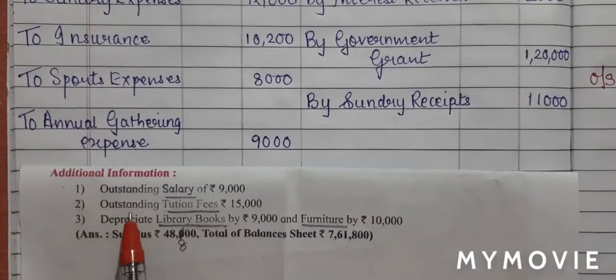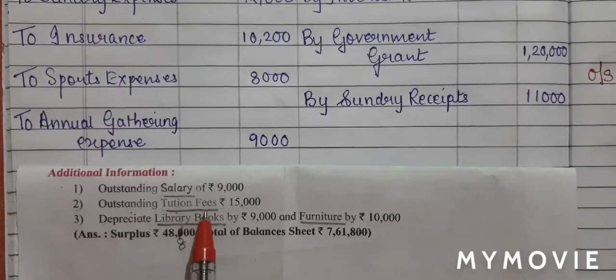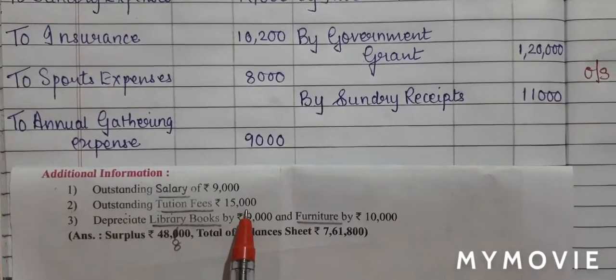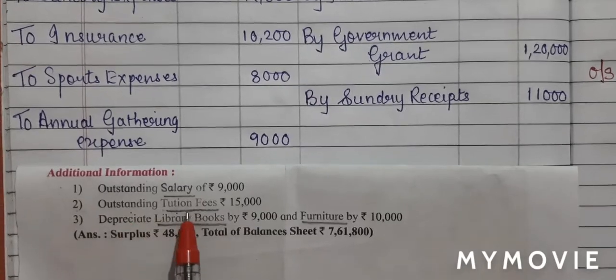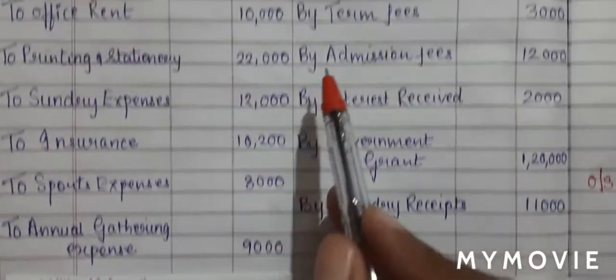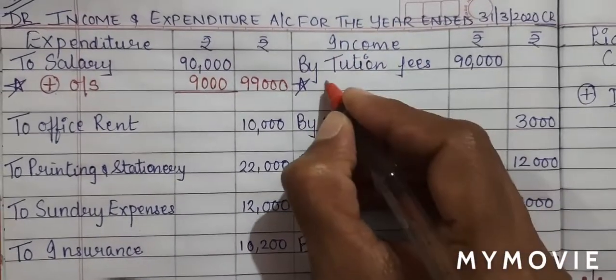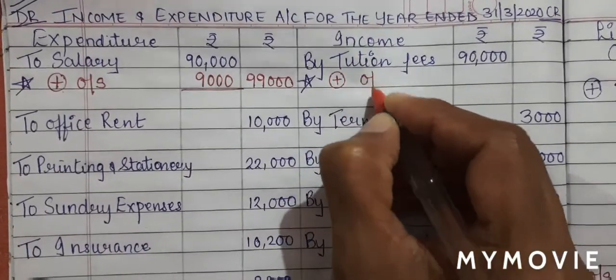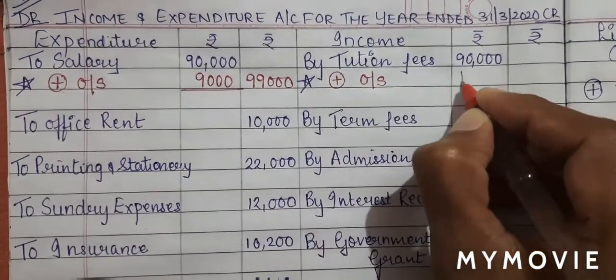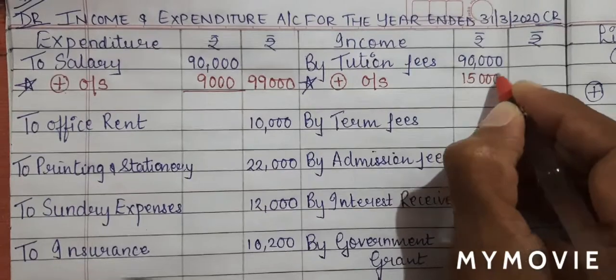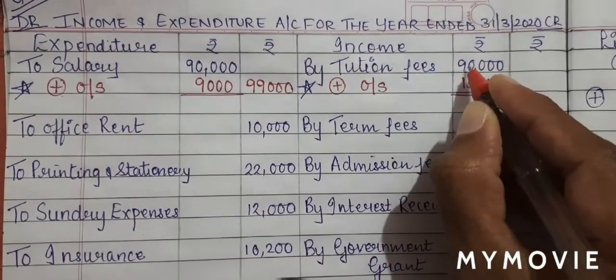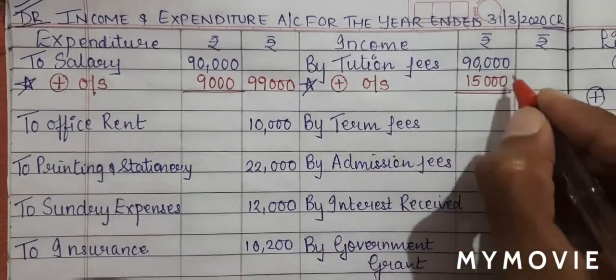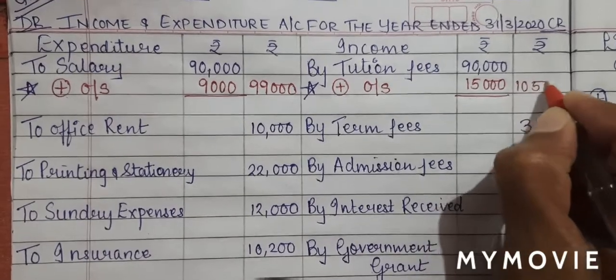Adjustment number 2, outstanding tuition fees rupees 15,000. So I will have to add it to my tuition fees. On the income side, I'll say add outstanding 15,000. So 90,000 plus 15,000 will give me 1,05,000.